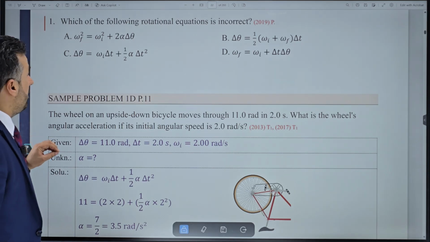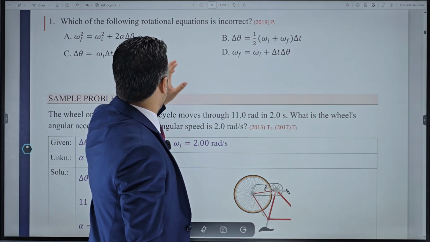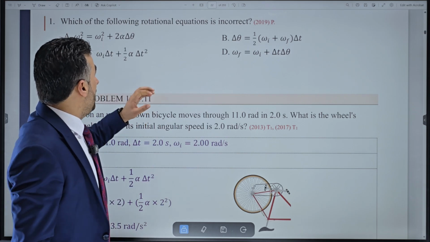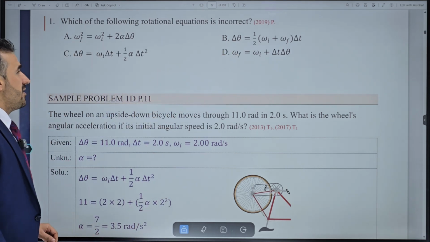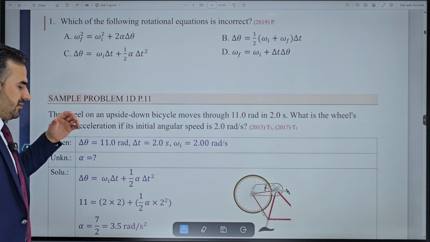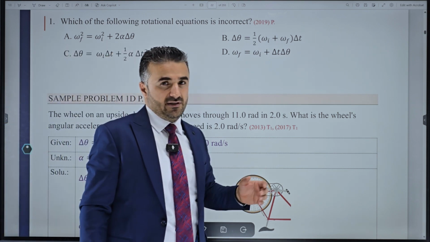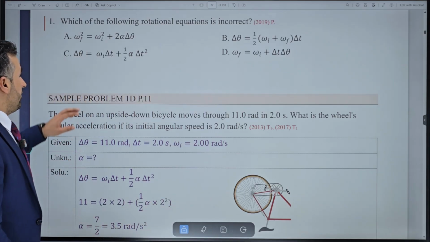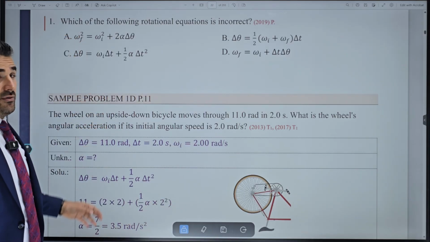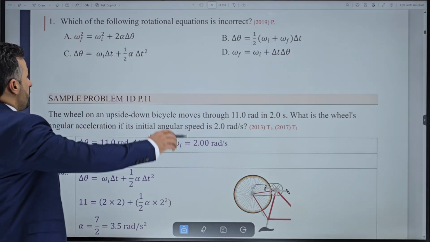It says, which of the following rotational equations is incorrect? Make sure you see incorrect the way that it is written, because due to the lot of pressure and stress, you might not see that. You might just see the first equation is correct, and go ahead and write it. So which one is incorrect?